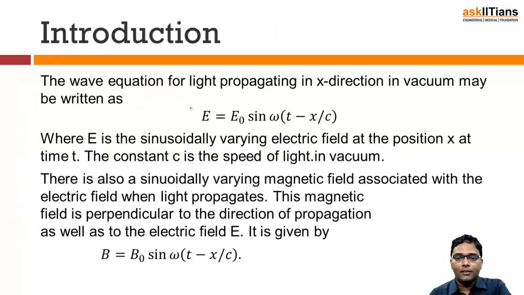To start with, the electromagnetic waves are going to follow the same kind of wave-like pattern that we are used to. If I say y represents the wave, y will have some amplitude y naught, and then you can simply say that it is sine of omega t minus k x.